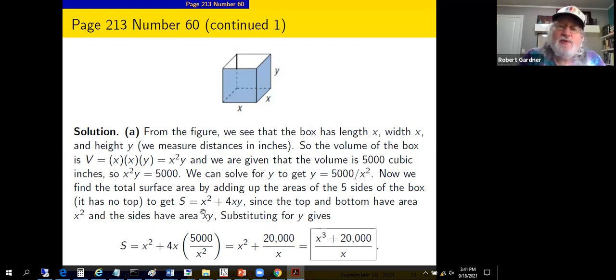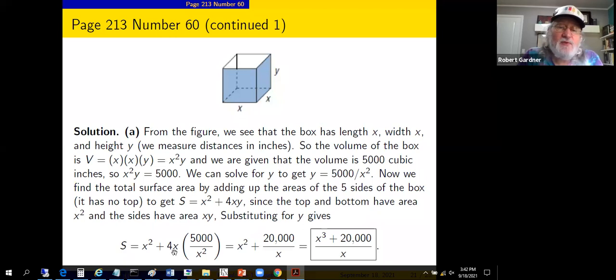So the total surface area is the bottom, x squared, plus the faces, 4xy. But this has x's and y's in it, and they just wanted us to do things in terms of x. Well, conveniently, we know y in terms of x. So we'll substitute this in for y, eliminate the y, and then we'll have S in terms of x.